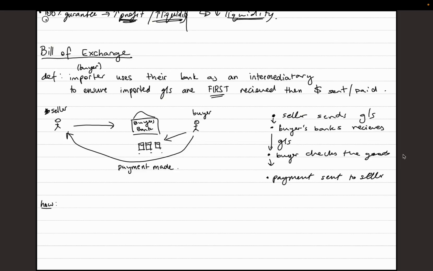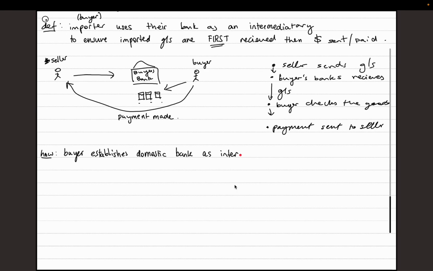How? Very simply, the buyer's bank used as intermediary. Sorry, so actually, that's sort of repeating the definition. Buyer establishes domestic bank as intermediary.